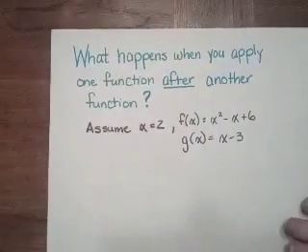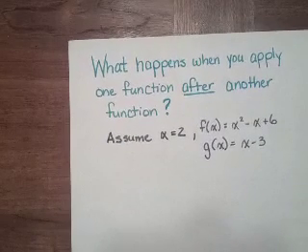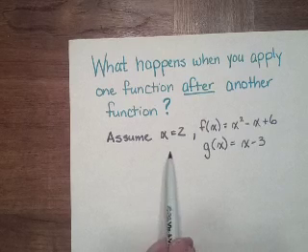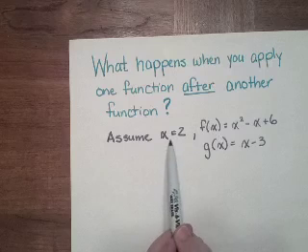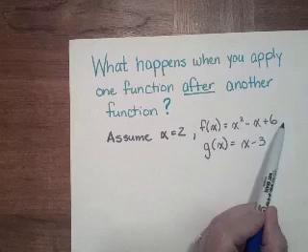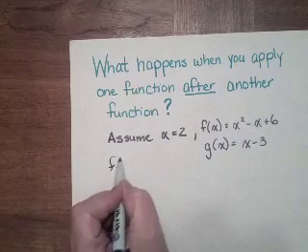But what happens, in that case I was doing the operations together, what happens if I do one function after another function? For example, if I have x equals 2, and I put it in here for f of x, so f of 2.